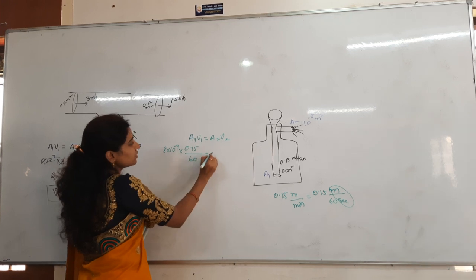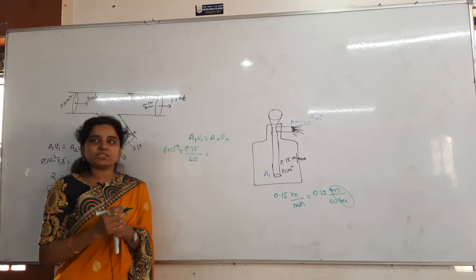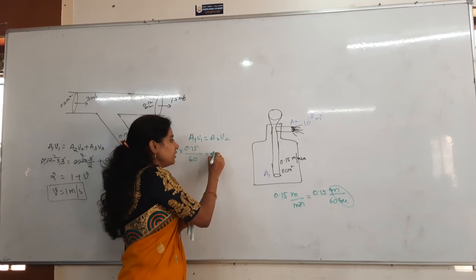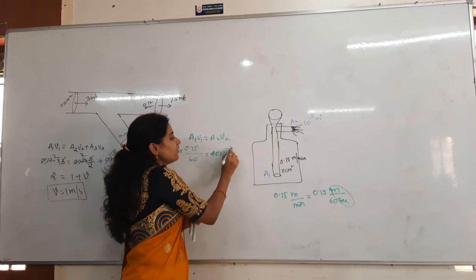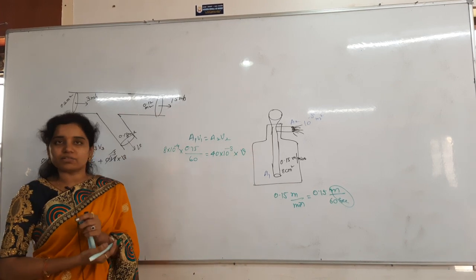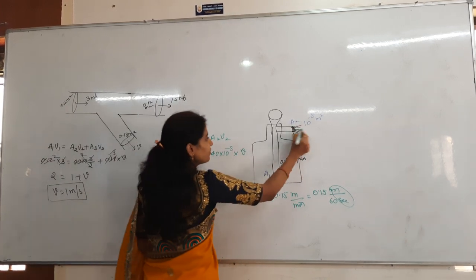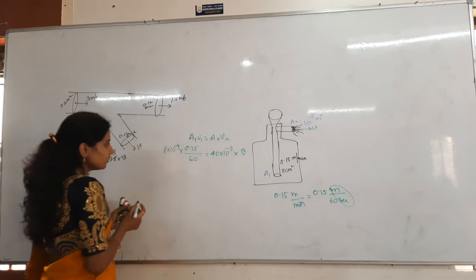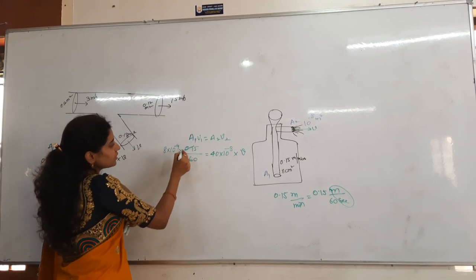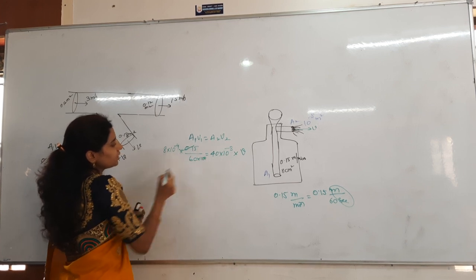0.15 by 60 equals area 2. How much is that? 40 holes are there, so 40 into 10 power minus 8 for the area, and then into the velocity V2, which I have to find out. Now cancel everything and you will get the answer. If I cancel this, how much do you get here? 100 you will get.